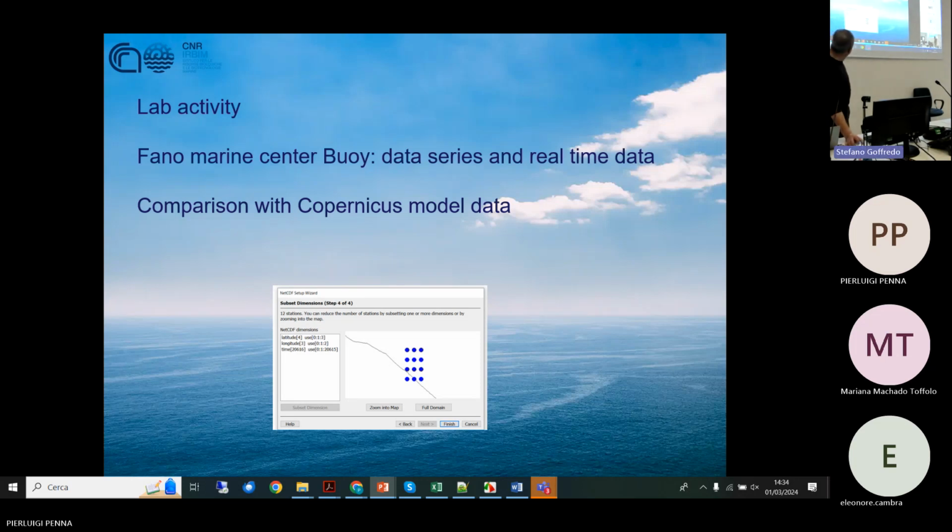So our buoy is located here. I download data from this point. So it's difficult for the model to understand what's happening at a very, very micro scale. It's possible for the model to reach the in situ data if you zoom in on the domain.